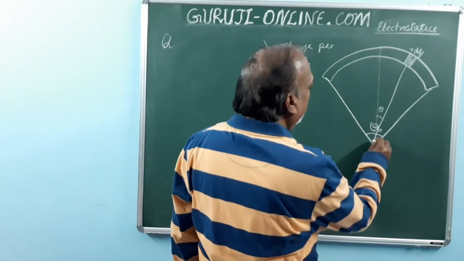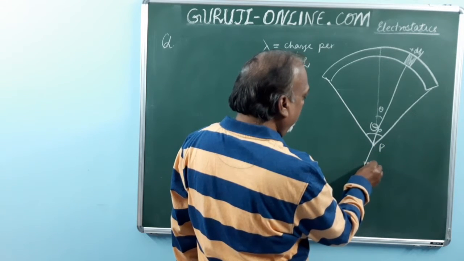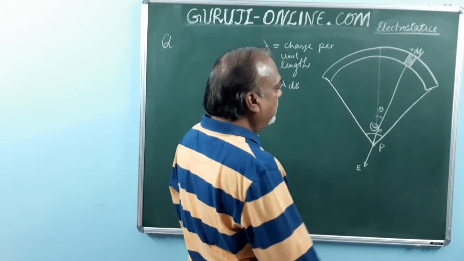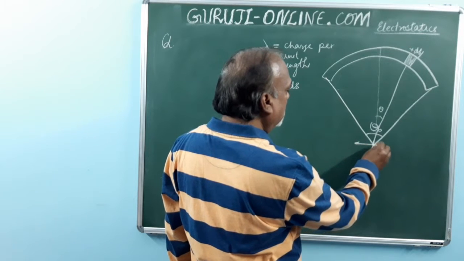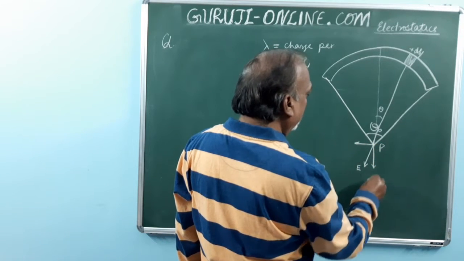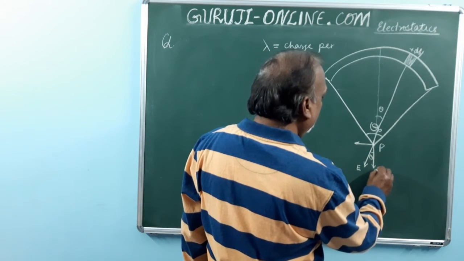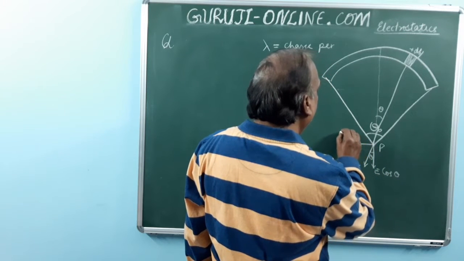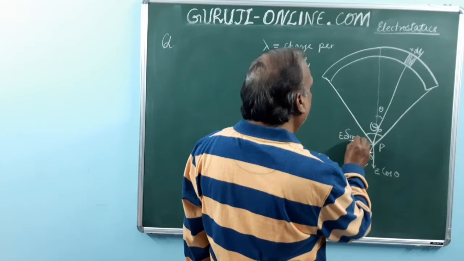Electric field will be in this direction. It will have two components. One will be like this and the other will be like this. This is also theta. This is E cos theta and this is E sin theta.